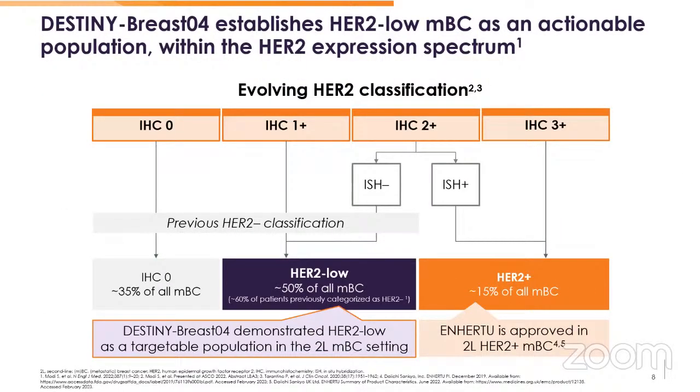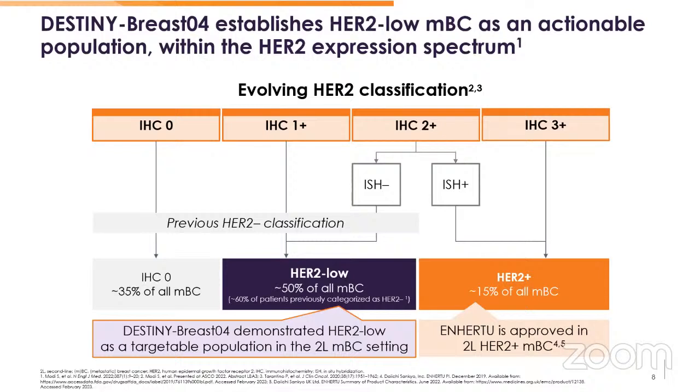In hormone receptor positive, first line PFS is 28 months, the second line PFS is 16 months, but subsequently the PFS drops by more than 50%. Same is the case with triple negative breast cancer. And we feel that this data of HER2 low metastatic breast cancer gives us a treatment option for these patients.